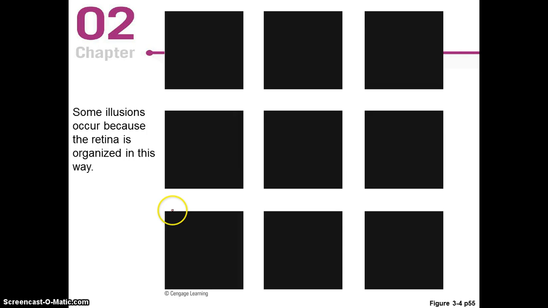Probably what you notice is little gray blobs that seem to exist at the intersections of all of these white lines. But you probably notice that they disappear the moment you try to fixate on them. The moment you try to direct your eyes toward them, they're gone. So they're only in the periphery.